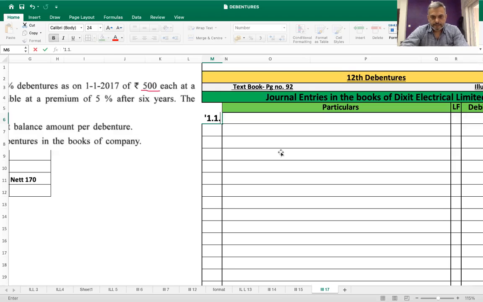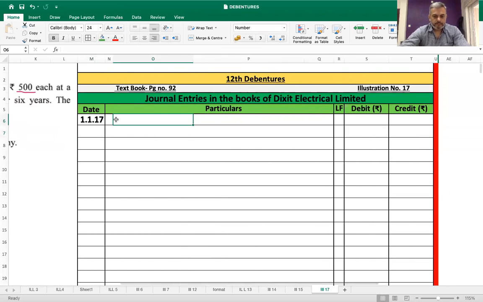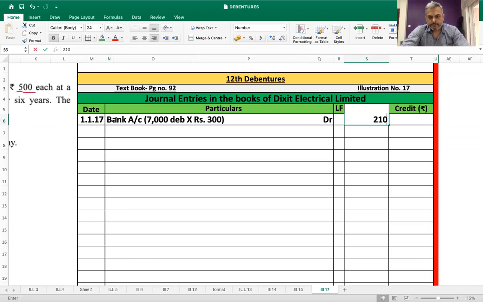1/1/2017, bank account debit, debentures are 7,000 into rupees. We are going to call for 300 rupees right now. Debit 21 lakh to debenture application account.